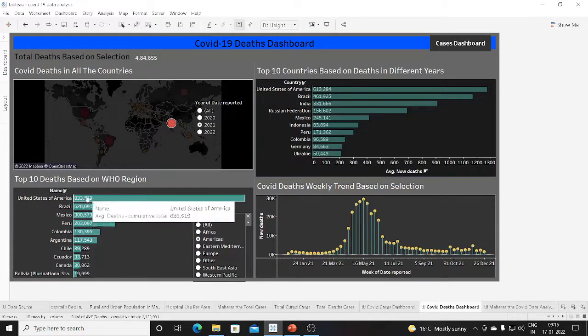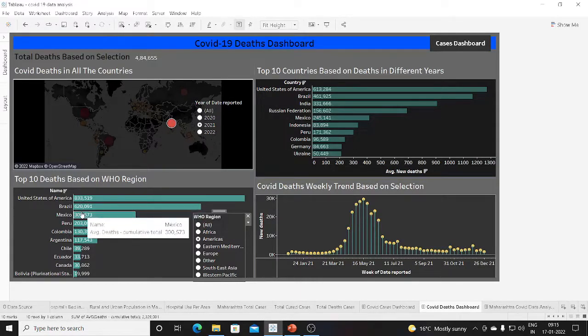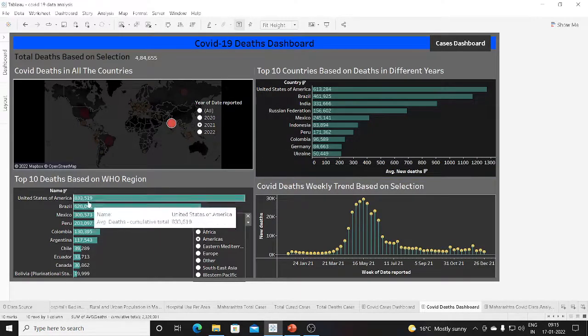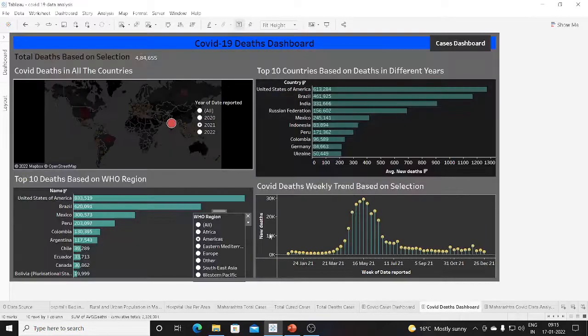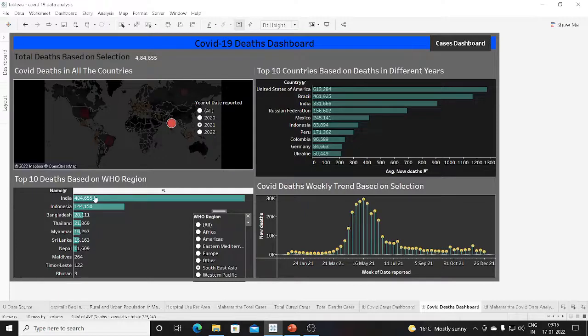Now the deaths are nearly close, here they are 833,519, and in the case of Brazil they are 620,091. They are closely related to each other, but in terms of cases there is so much difference between the cumulative cases. There is so much difference between them, right? Now if I talk about Southeast Asia, you can see here again a big difference.